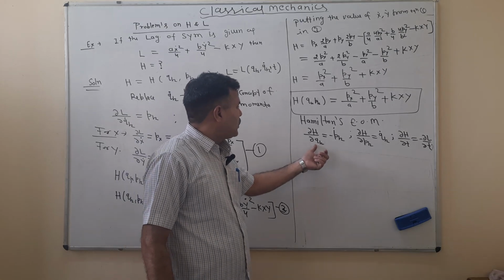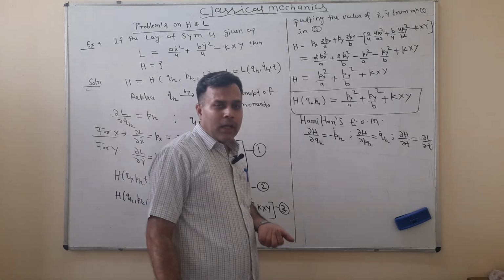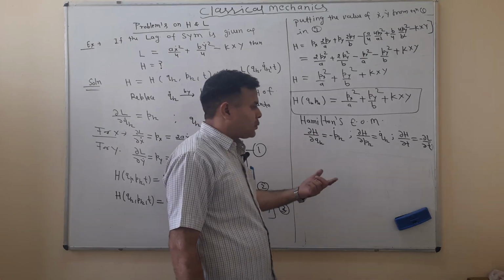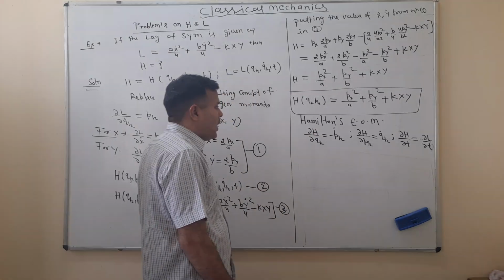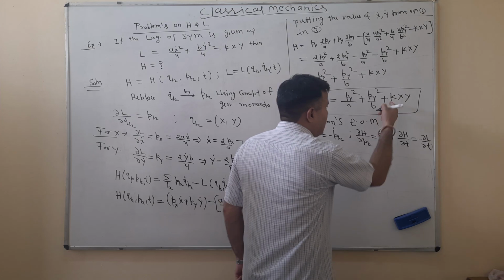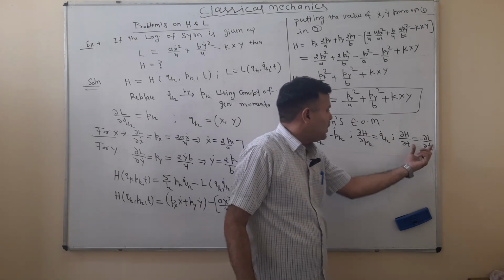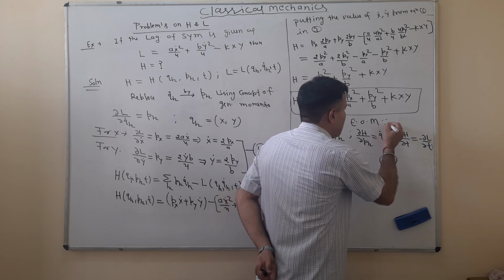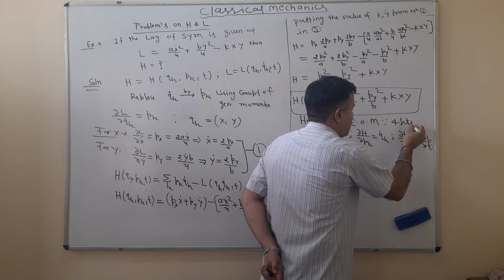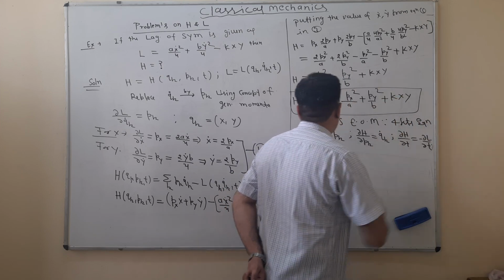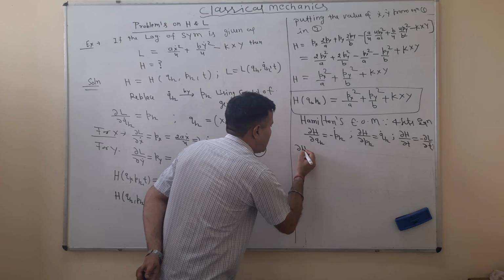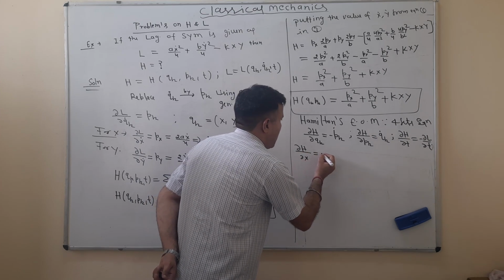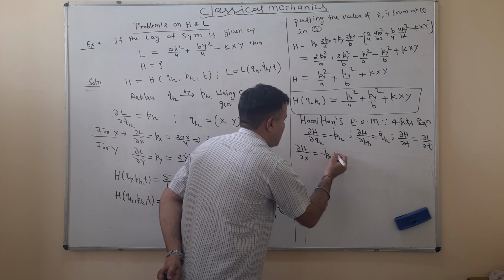So our Qk is x and y, and Pk is Px and Py. So correspondingly we have four different sets of Hamilton's equations, and there is no time term, so we have no del H by del T term. So we have four sets of equations, which is, what is del H upon del x, which is minus Px dot.